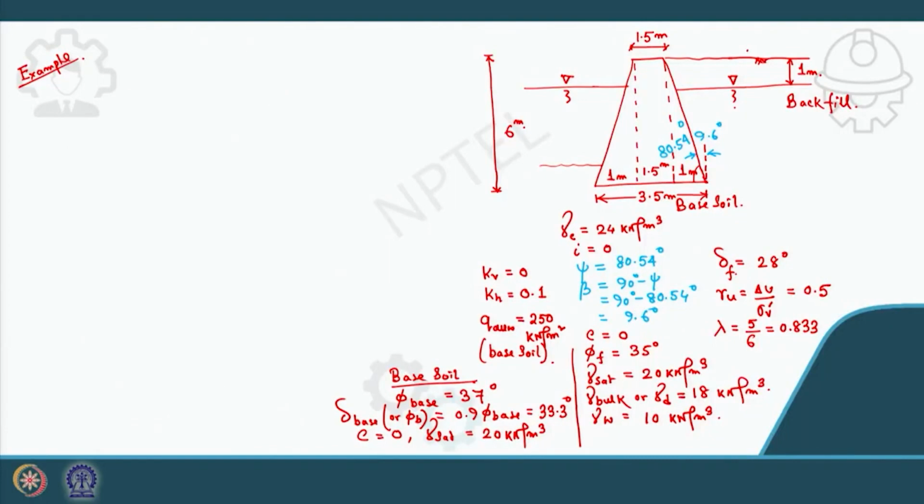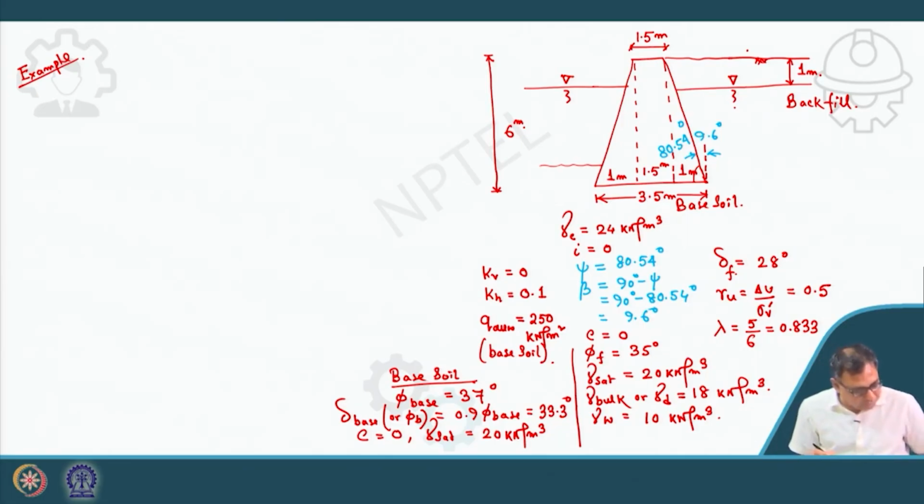We have the base soil parameters given, then the backfill soil parameters, then the dimensions of the wall, and the seismic acceleration coefficients Kh and Kv are also given. First, I have to check whether the Kh of 0.1 can be applied or not.